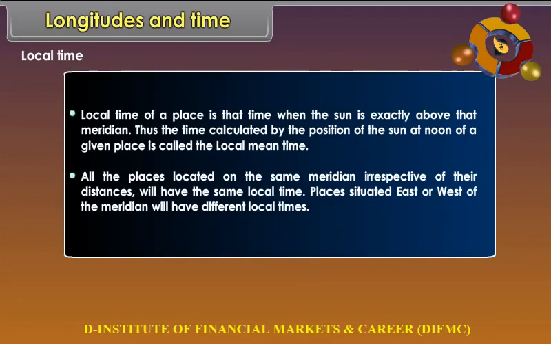Thus, the time calculated by the position of the sun at noon of a given place is called the local mean time. All the places located on the same meridian, irrespective of their distances, will have the same local time. Places situated east or west of the meridian will have different local times.